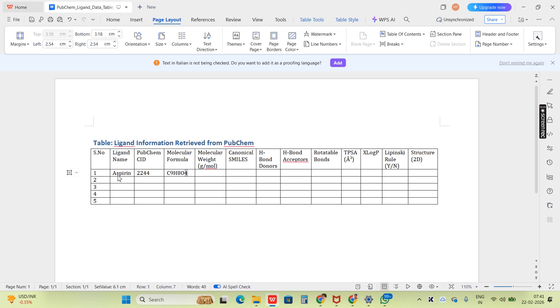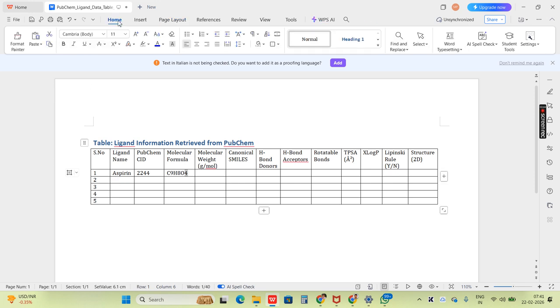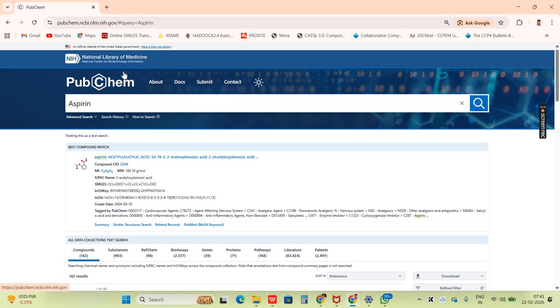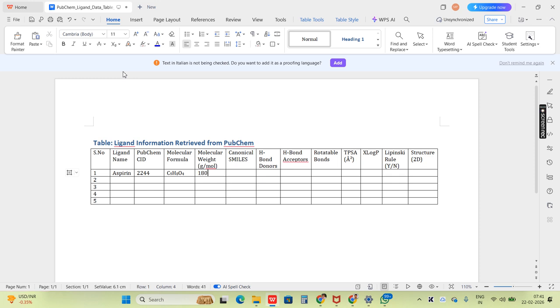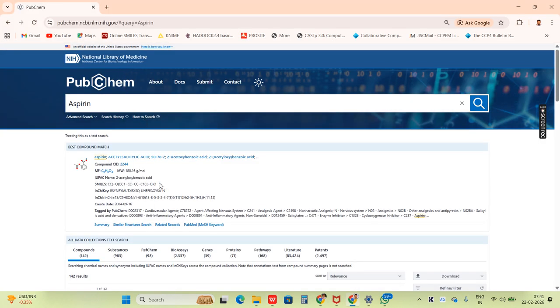Convert them to subscript. Then the molecular weight is 180.16. The units are already mentioned on top, so no need to write them again. And canonical SMILES.